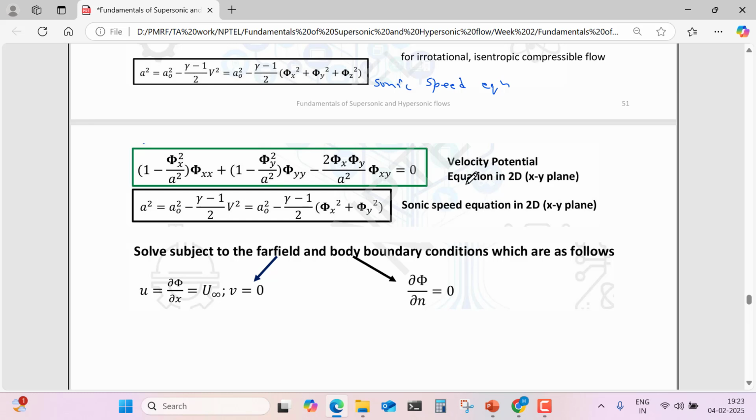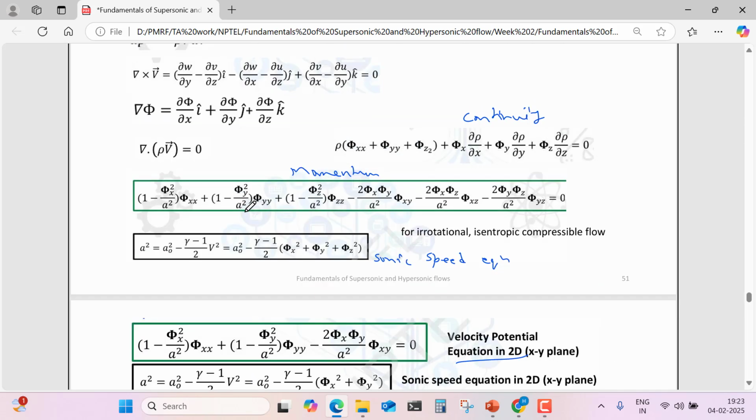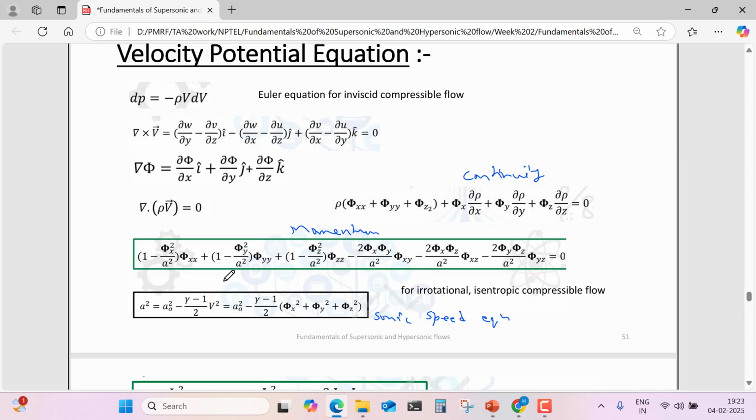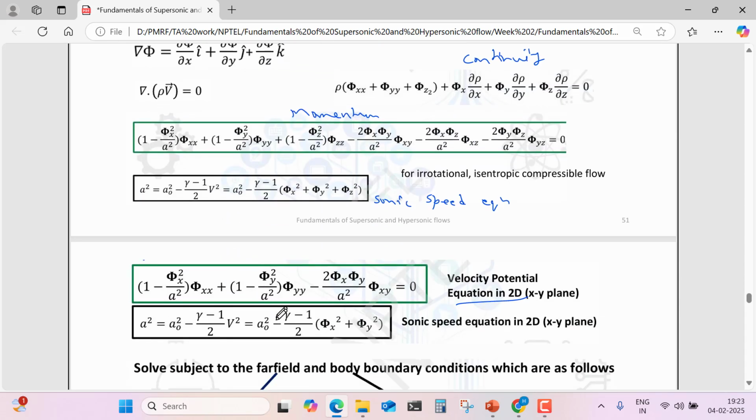This is the velocity potential equation, and another is a² equal to a0² minus (γ−1)/2 V², equal to a0² minus (γ−1)/2 (φx² + φy²).